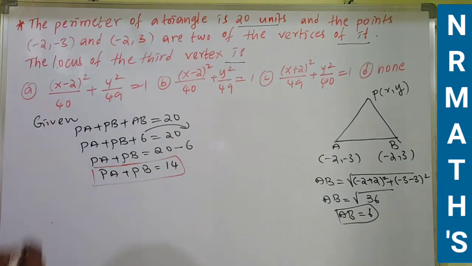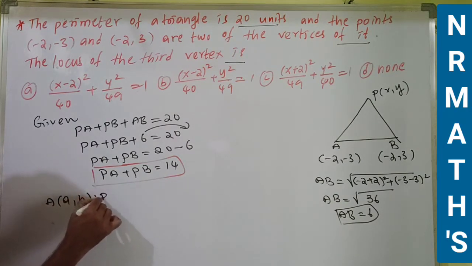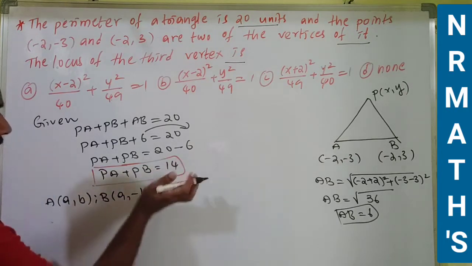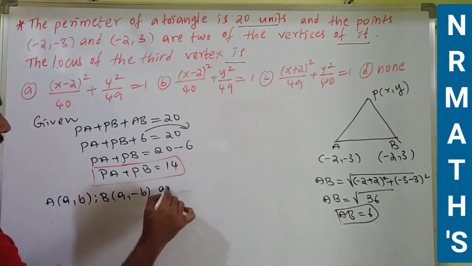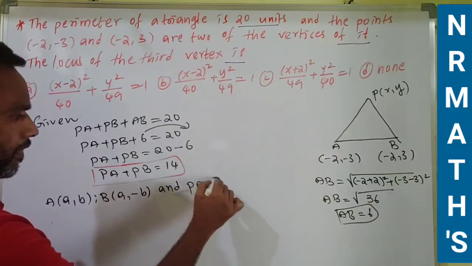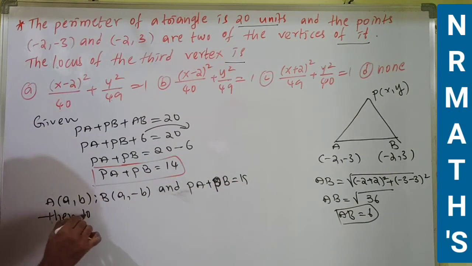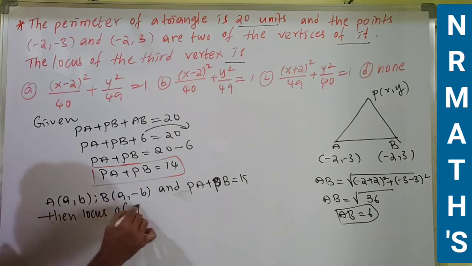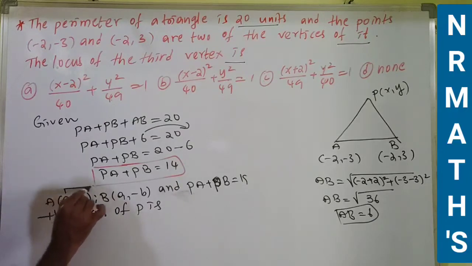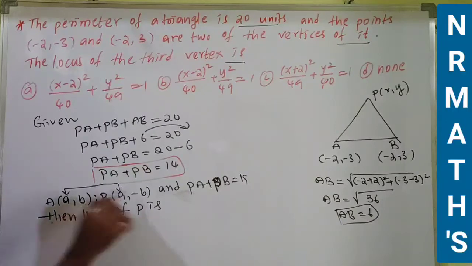Now we know one shortcut: A is equal to (a, b), B is equal to (a, -b), and our condition is PA plus PB is equal to k. Then the locus of P: notice here the x coordinates are equal in A and B, and the y coordinates are opposite.